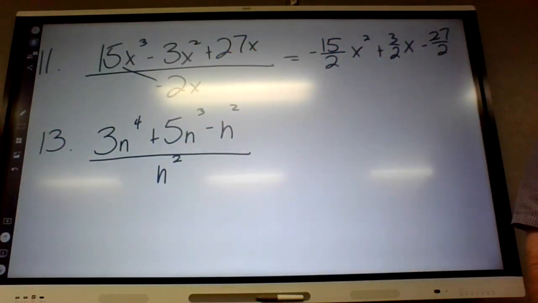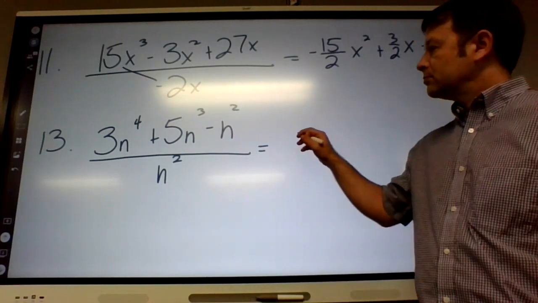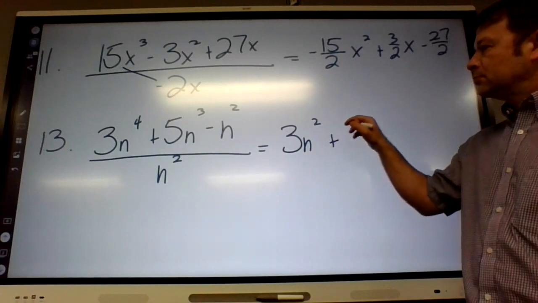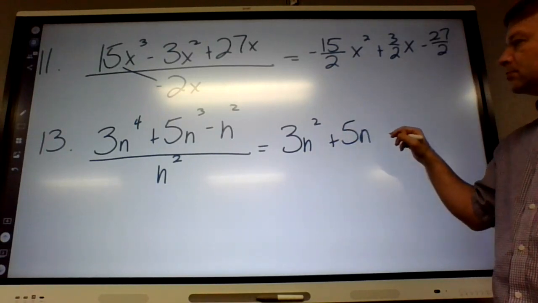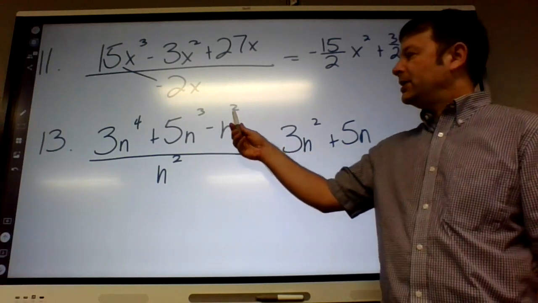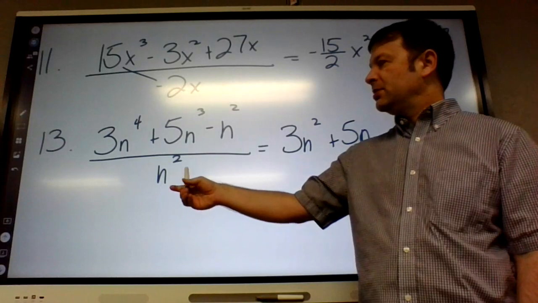Don't forget to go back and do number 1. All right, Avery, what will this become? 3 n squared plus 5 n. That's it. Yeah. Okay, n squared divided by n squared is 1.